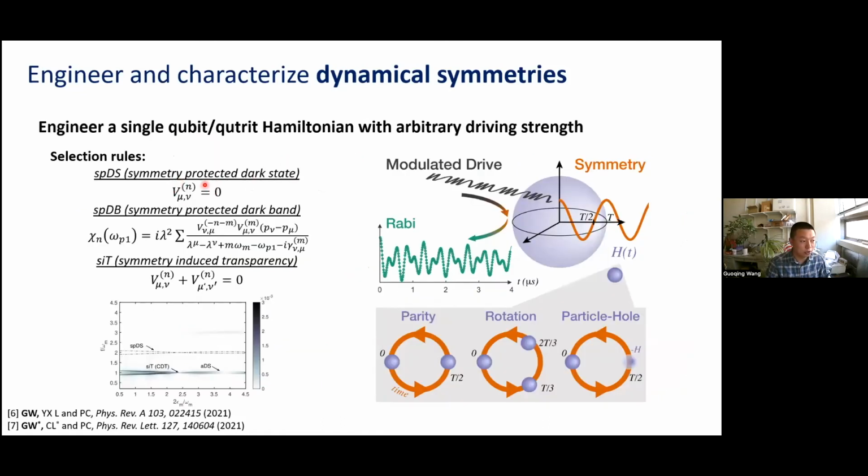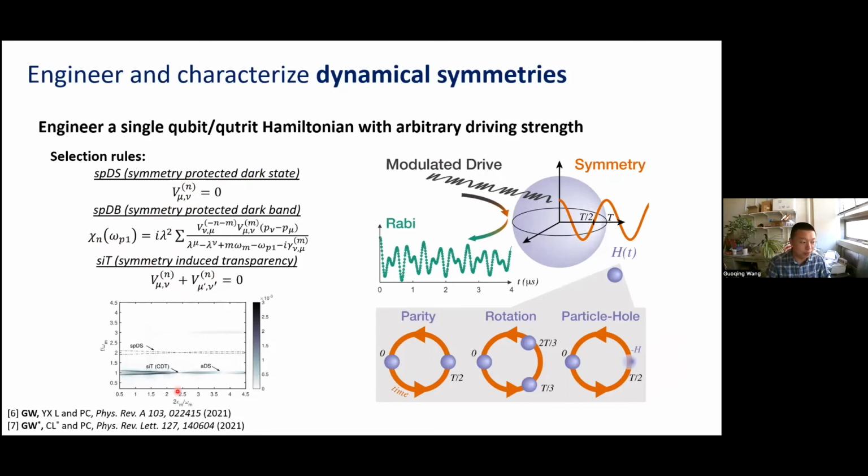In addition, we also have the symmetry protected dark band, which is the vanishing condition for the susceptibility, which is a function of this SPDS. We can also have more interesting phenomena, called symmetry-induced transparency, which is the interference between different Floquet transitions.